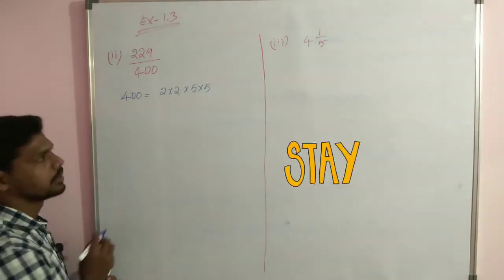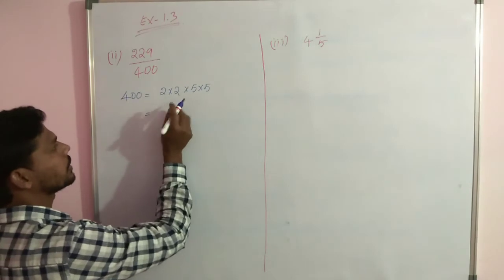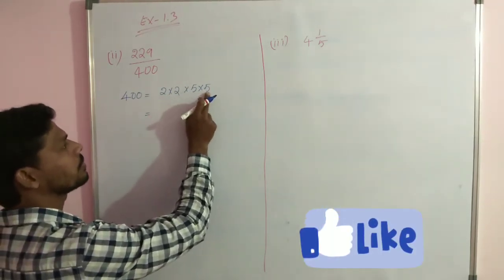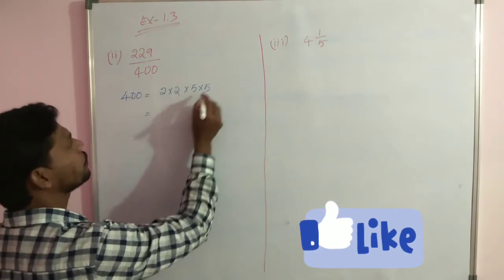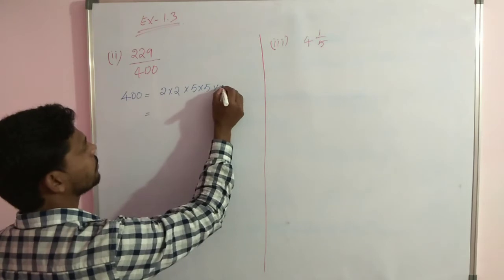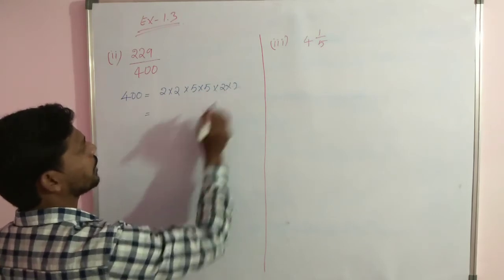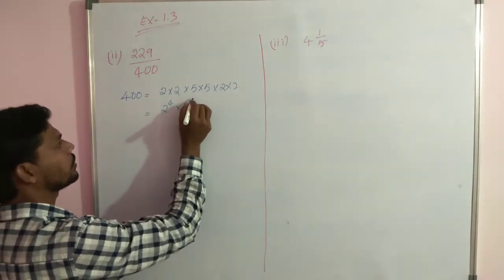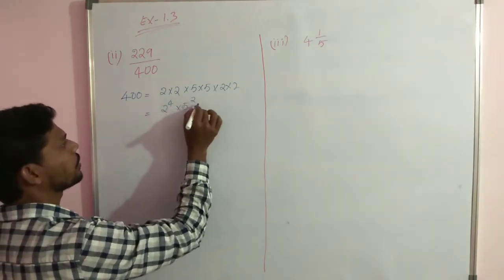That is 100 into 4, and 4 is nothing but 2 into 2. So here we have 2 to the power of 4 and 5 to the power of 2.